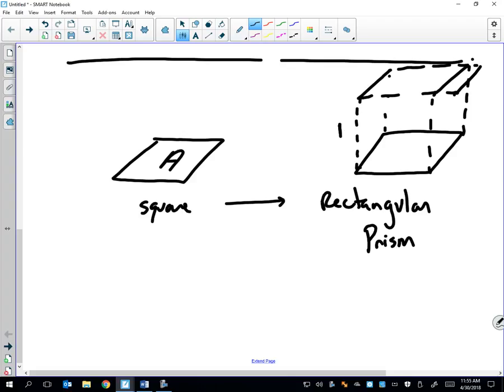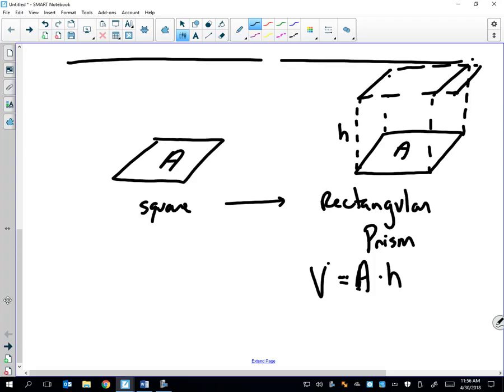I drag it up H, then the volume of the rectangular prism is whatever the area was here, and I pulled it up H. So I take the area and I multiply it by H. This is a recap of what we saw last week: the volume is equal to the area times how far I pull it up into the third dimension.